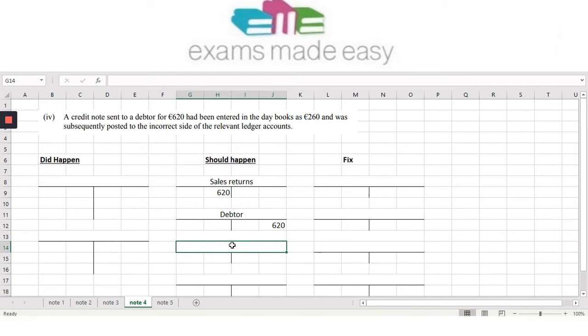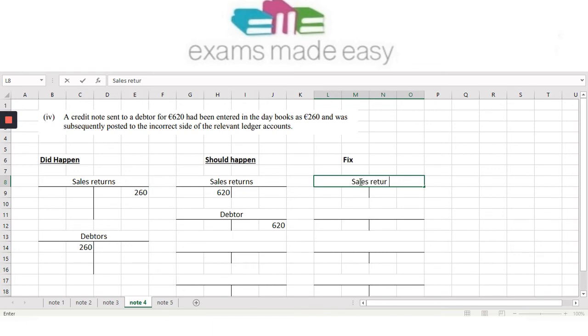What we're told though is it had been entered in the day books and posted to the incorrect side of the relevant ledger accounts as 260. The same accounts, sales returns and debtors, but wrong side, 260, wrong side, 260. So it does balance, so there's no suspense account, we just have to fix these two accounts.